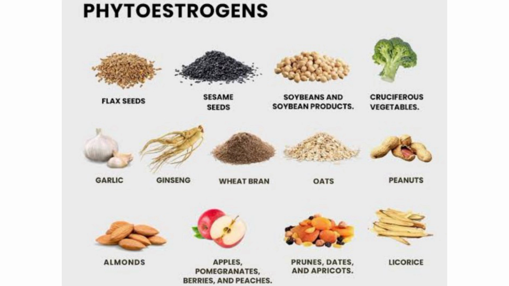You can increase it using phytoestrogen, because there are some plants that are rich in this estrogen, for example flax seeds, sesame seeds, oats, wheat bran, ginseng, garlic, almond, licorice. All these are examples of plants that are rich in phytoestrogen. That is why they are called phytoestrogen, because they are obtained from plants.